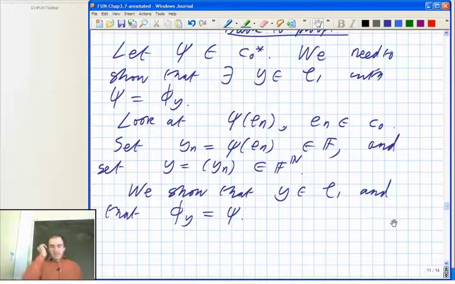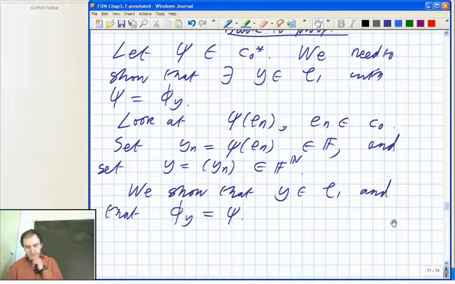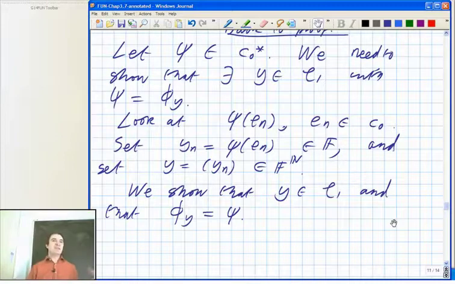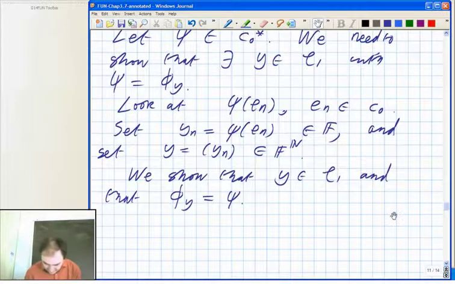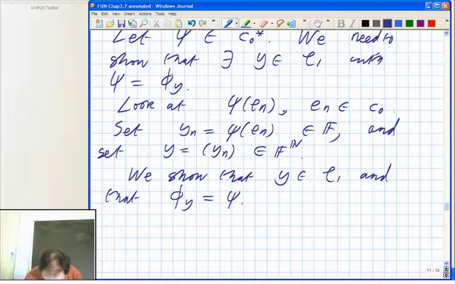So what have we done? We've taken our psi, and we've seen what it does to En. And if psi is going to be a phi sub y of something, then psi of En has got to be Yn. So this is the only possibility if it's going to work. Now we've got to show it works. So this is as before.